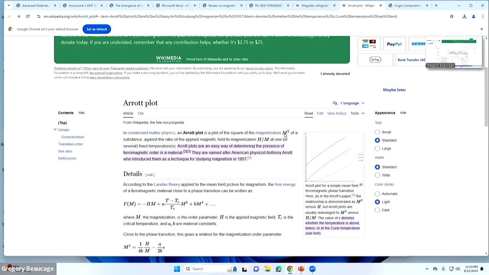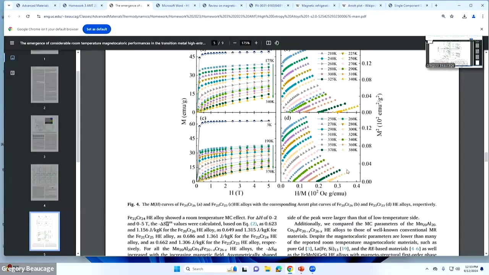So M would become concentration, or it could become density. For a melting point, it would be density squared versus whatever the field is, like a temperature versus density plot. I haven't seen anyone do that, but basically you could do that to determine the order of a melting point. So that's the idea here.